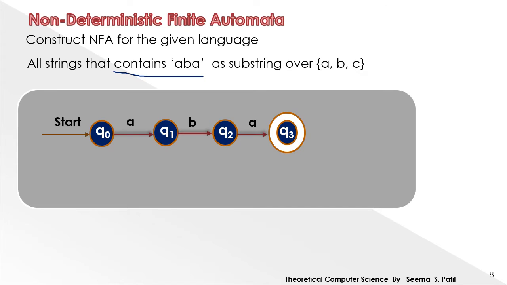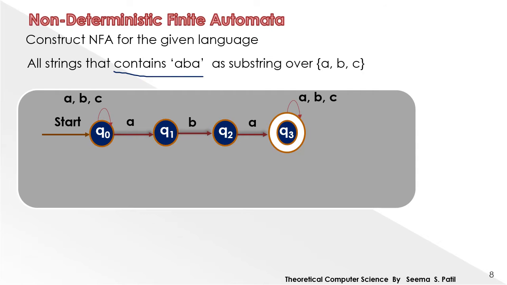Contains means before that there can be any number of a's and b's, so directly draw one loop having a, b, c over the q0 state. And at the end draw an a, b, c loop over state q3.